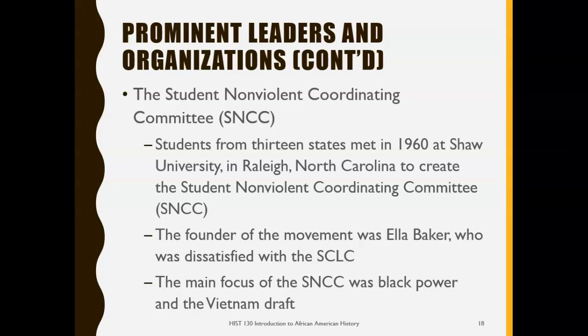So she used to be a member of the SCLC, but she was dissatisfied with this organization, and that was the reason why she created with other people the new organization, the SNCC, that focused really on Black power and also protest against the Vietnam draft.